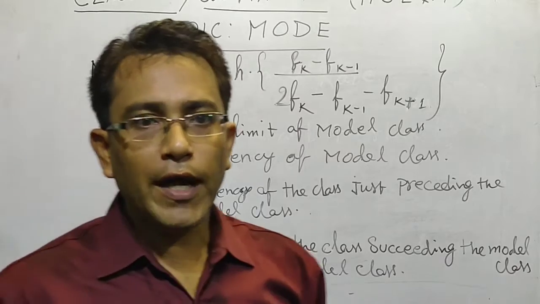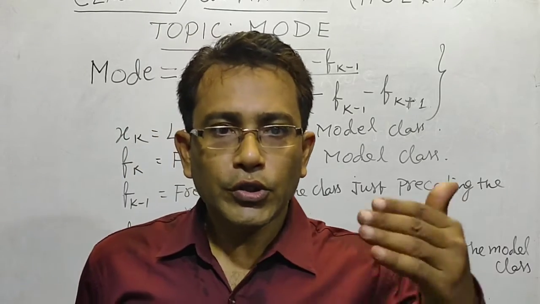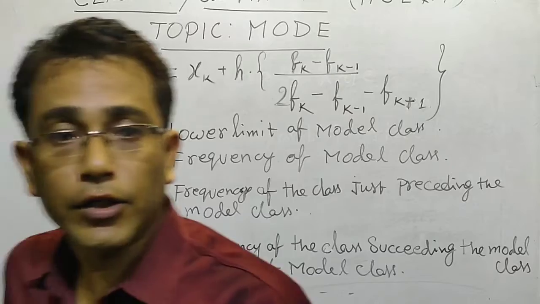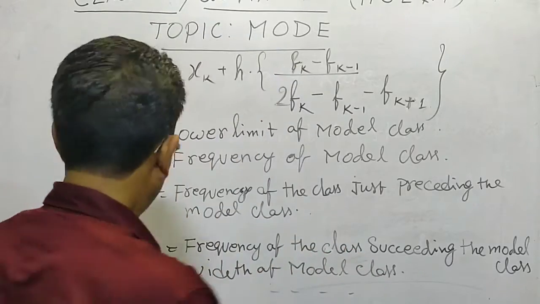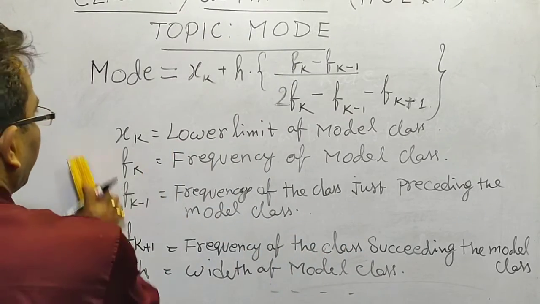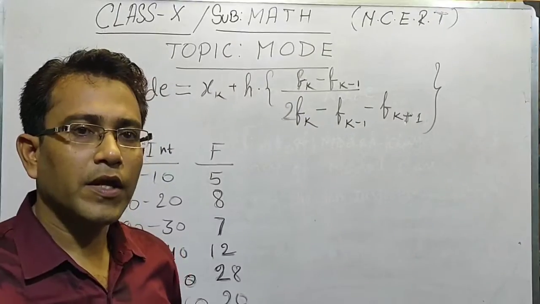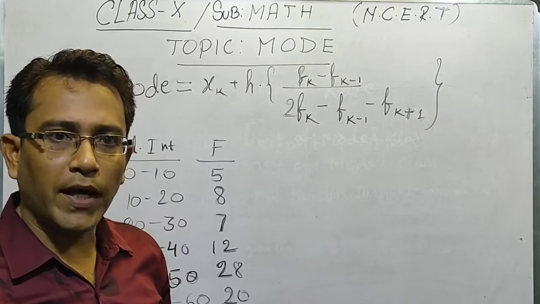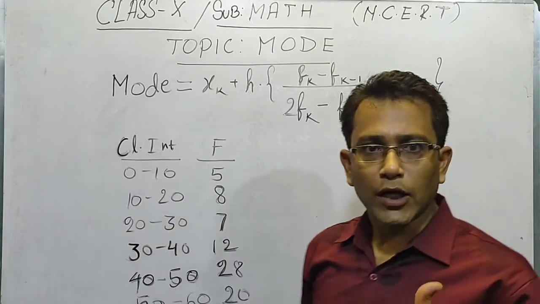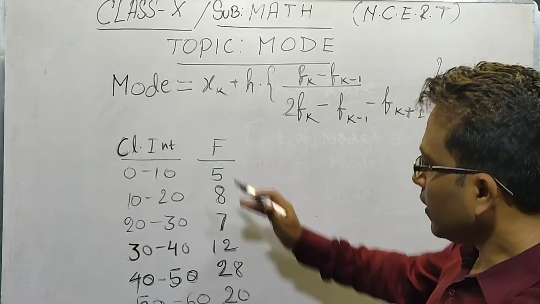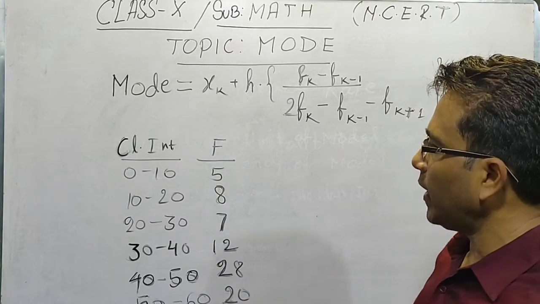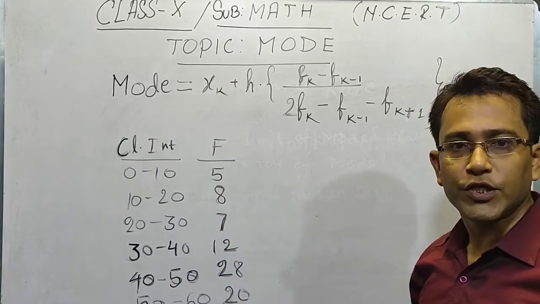Now I am doing a math to show this, to calculate the mode. Here through a simple math I will show the calculation of mode. Here I have written a simple math, class intervals and frequency.